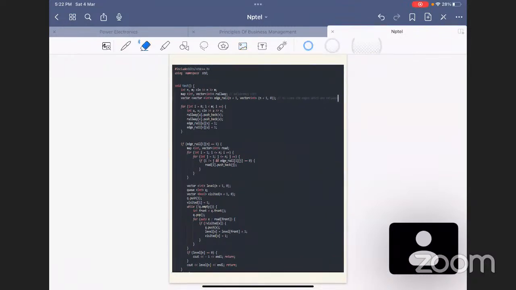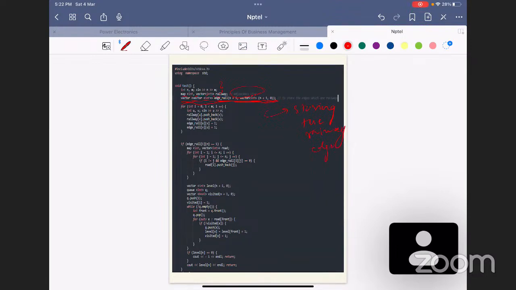Yeah, so I hope the code is visible to everyone. So what we are doing is we are taking n and m as input, okay, and now map int com vector int railway. This is an adjacency list, okay, and in this 2D vector we are storing the railway edges, railway network, okay.